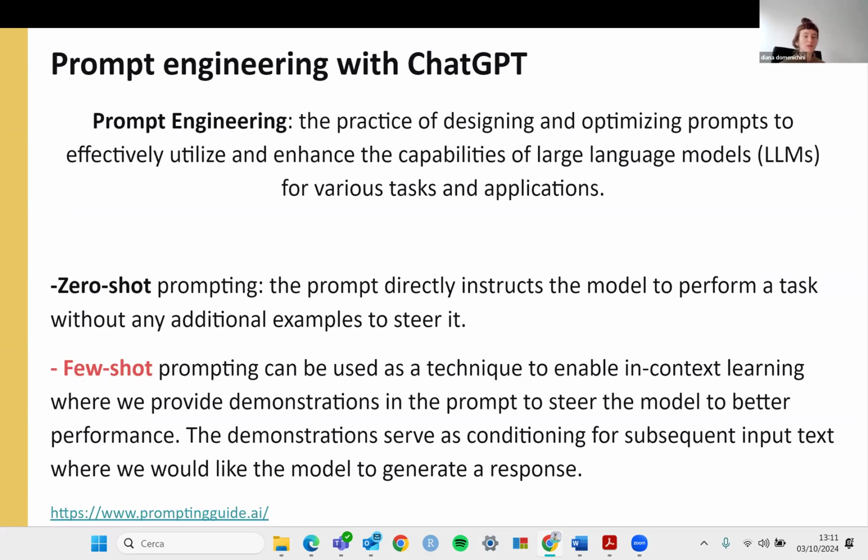Prompt engineering can take different forms. It can be zero-shot prompting, where you just ask the task to the large language model, or it can be few-shot prompting, where you give the context to the large language model by providing some demonstration examples. These demonstration examples serve as an example of the type of answer we want.